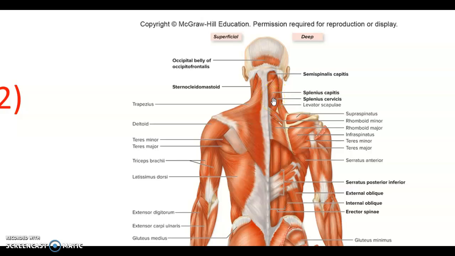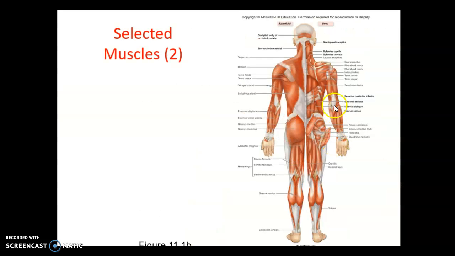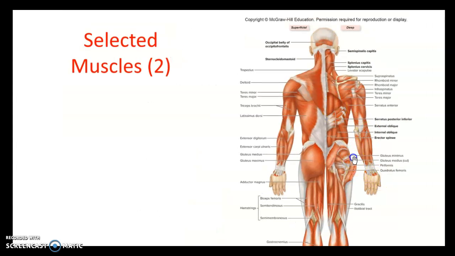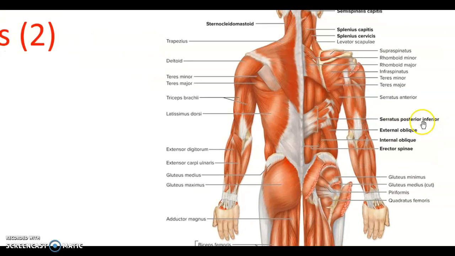The splenius cervicis, right, because this is where your cervical bone starts. And the levator scapulae as well. We'll go over that in a moment again. And then the serratus posterior inferior. So right here, these three, right? The external oblique, internal oblique, and the erector spinae.